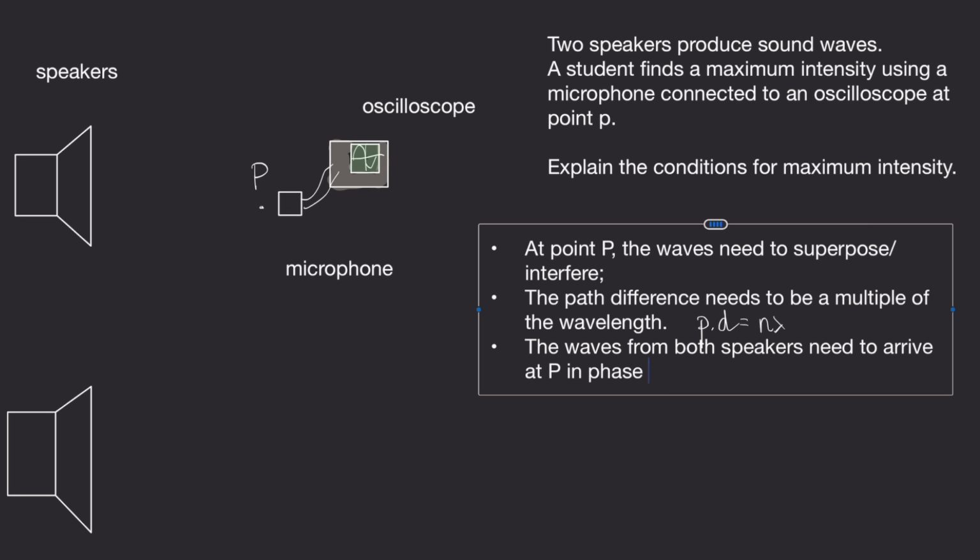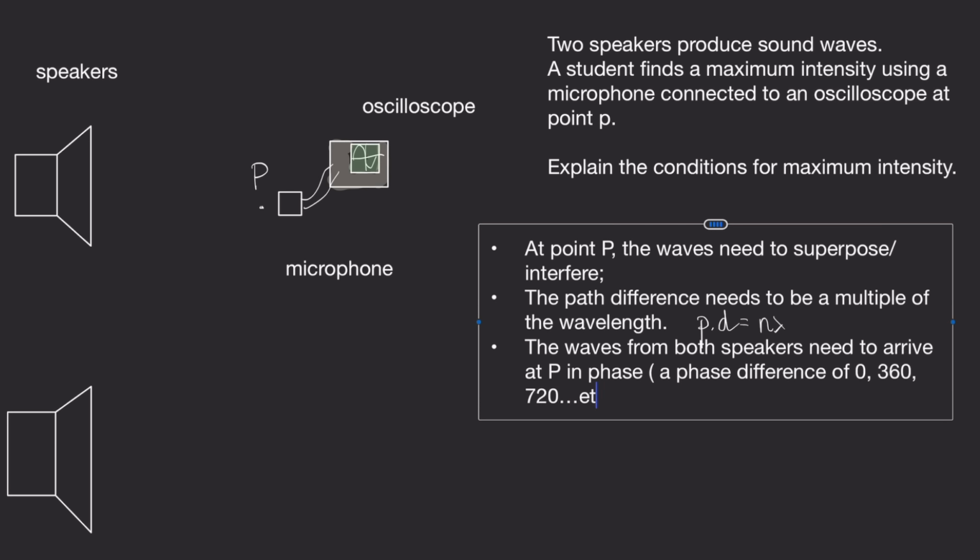So what does in phase mean? A phase difference of 0. Well, in this case, it's not going to be 0 because it's not exactly right at the center, but it could be 0 if P was right at the center. But this is just an explanation in brackets, so that'll be 0, 360, 720, etc. So that's n multiplied by 360, where n is just an integer.